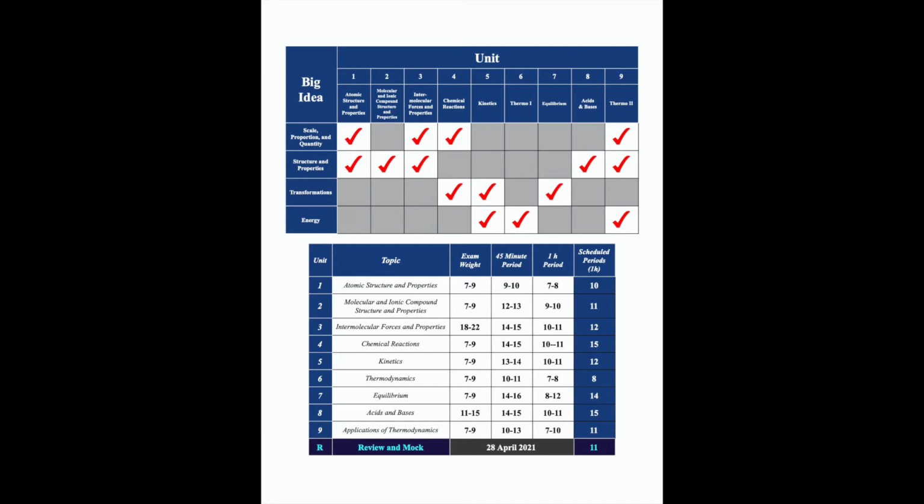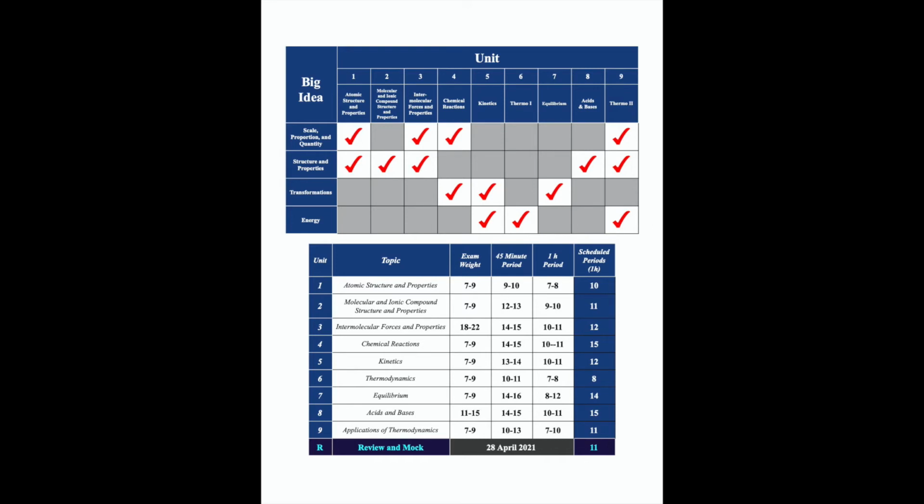And then you have something like kinetics, which you would expect, transformation and energy. And then, and this is going to be very important when we talk about pacing and the instructional hours that I will document. The exam weight, for instance, let's look at Unit 1.